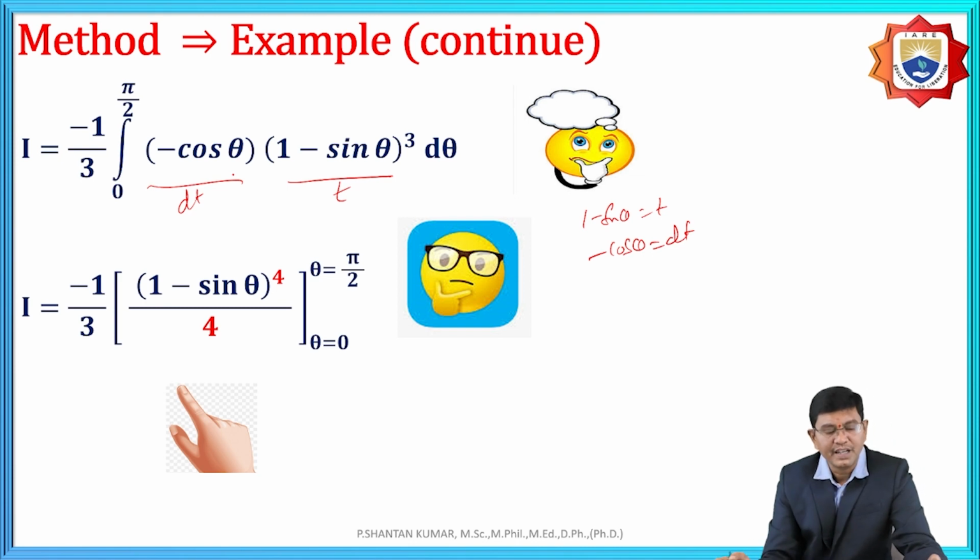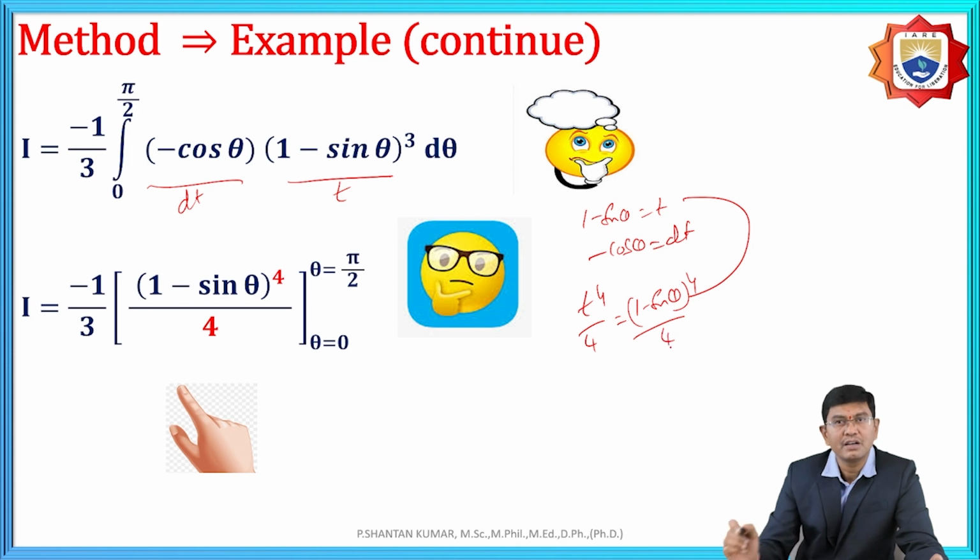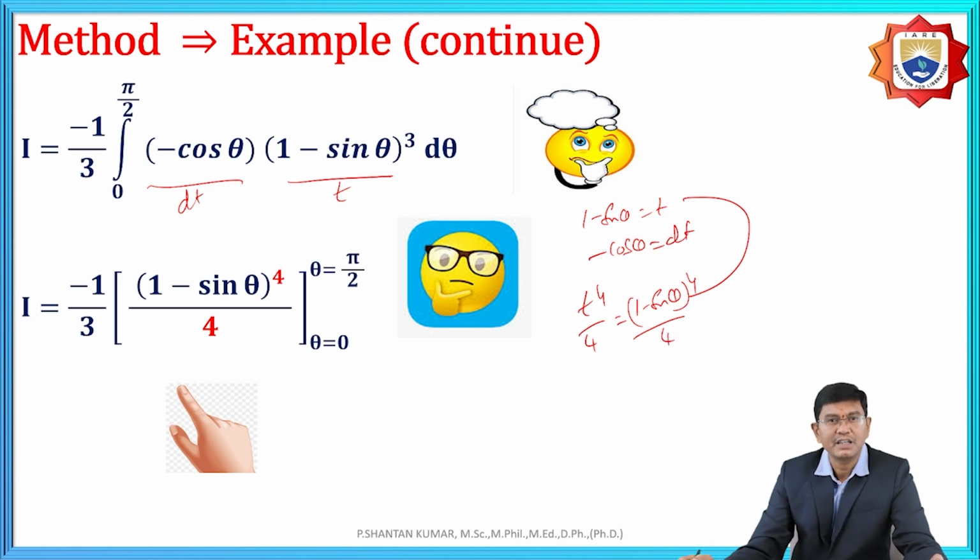Therefore, the integration of t into dt is t square by 2. But here t cube is available. Therefore, that is t power 4 by 4. The t is nothing but we assume already 1 minus sin theta, to the power 4 by 4 is the value. And based upon this method, the substitution method, we need to assume here.